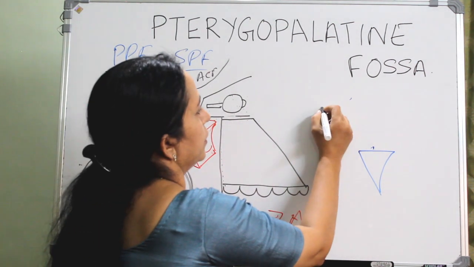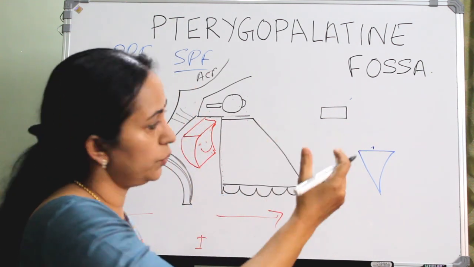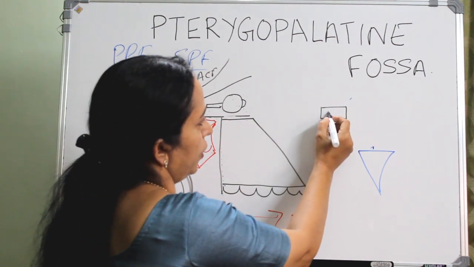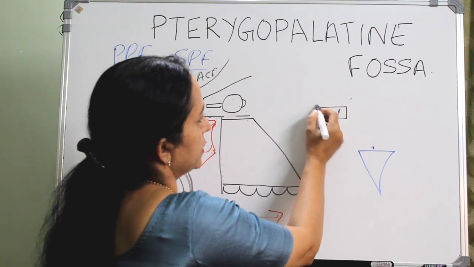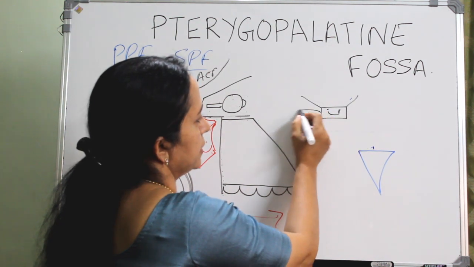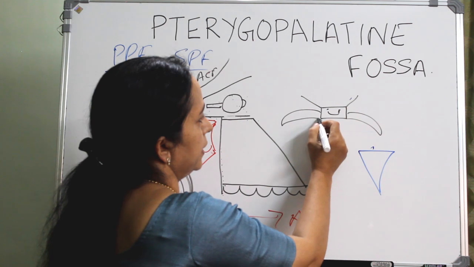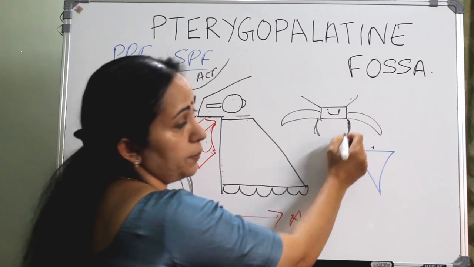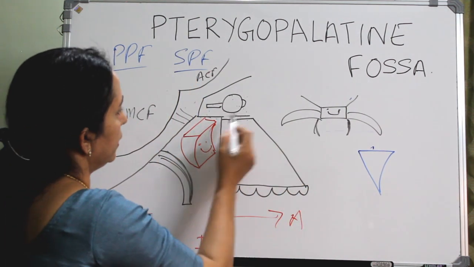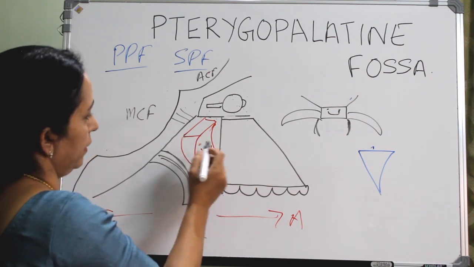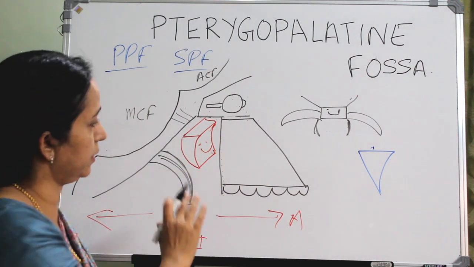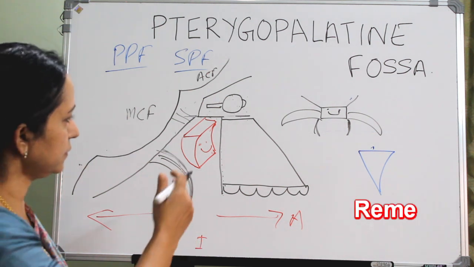Looking from anterior, the sphenoid has the body, a lesser wing, a greater wing, and also two pterygoid plates. So the body, the greater wing and the pterygoid plate are associated with this pterygopalatine fossa.